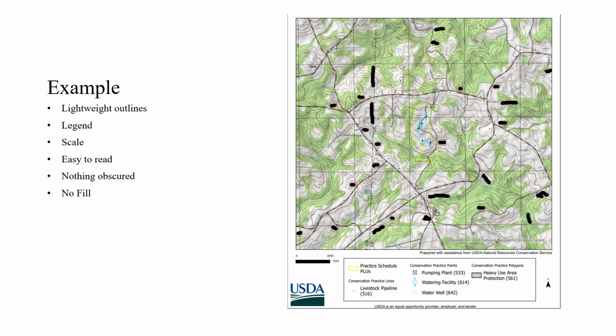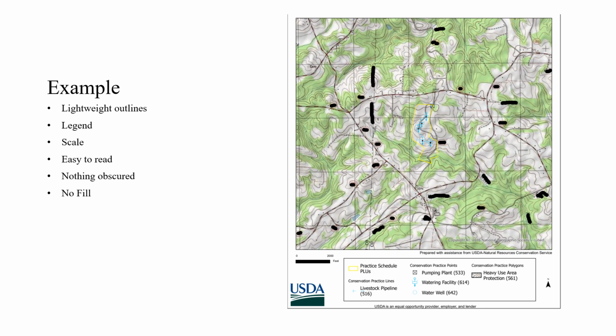This is just an example of a good map. I don't think it's 1 to 24,000, so we could consider this an additional one. I've blocked out all the locational information I can. But this is a clean, simple map, right? You have the thin yellow APE lines. You have the watering facilities marked out. You have a scale.